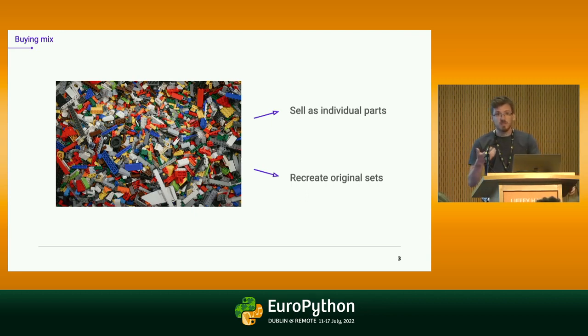You see, there are a lot of adult Lego fans that buy used Lego collections in mixes. Someone sells their old Lego collection and all the parts are mixed in one box. They do this for two reasons mainly. One, because they are businesses and they sell those parts individually.